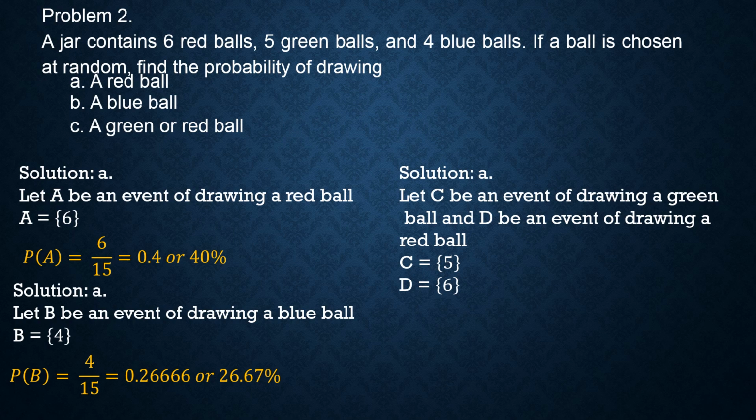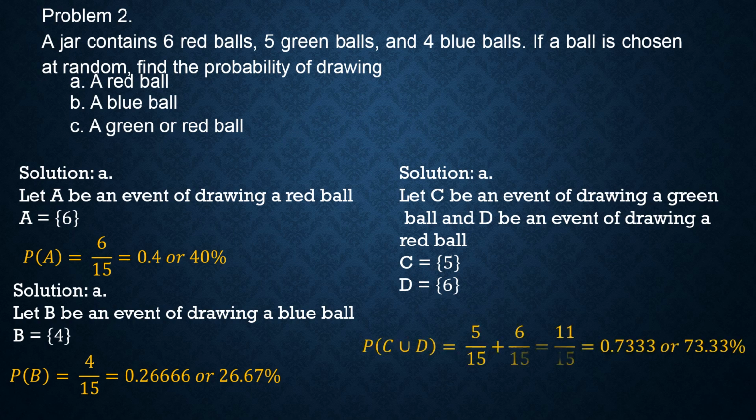Okay. For letter C, the solution for letter C, a green or a red ball, we have to use the addition rule of probability. So let C be an event of drawing a green ball and D be an event of drawing a red ball. For set C, we only have 5 because there are 5 green balls. And for event D, the red balls, that is 6. So we have 5 and 6.